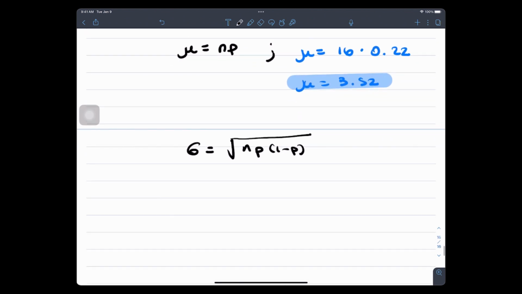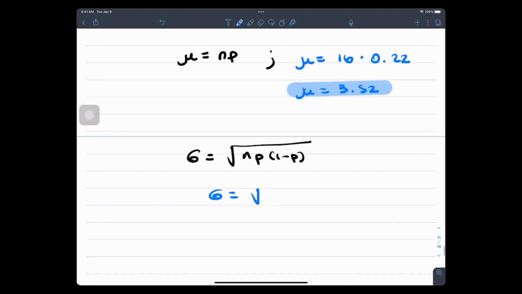Anybody want to tell me, how do we get this? What was n? 16. Good. What's little p? 0.22. And then you get 1 minus 0.22. Okay.